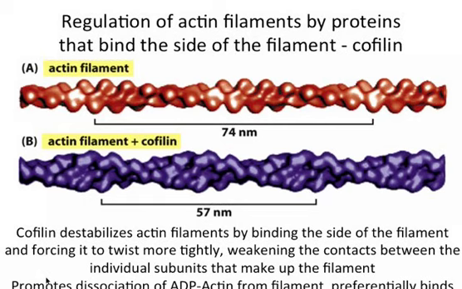Because there's that time lag between ATP addition and ATP hydrolysis. So ATP-bound actin is going to be newer filaments, and ADP-bound actin is going to be older filaments. So it likes to bind to ADP-bound actin and promote disassembly of old actin filaments. And that's going to be useful to understand.